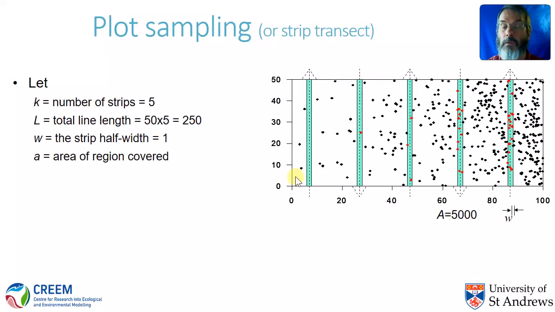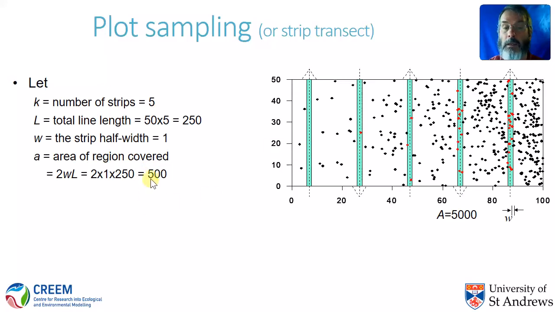So we now have, in addition to the size A of our entire study area, a small a, the area that constitutes the amount of the study area that we visit. Using simple geometry, we multiply capital L times little w times 2, because we're looking on both the left-hand side and the right-hand side of the transect, to derive the total size of the area that we visit.